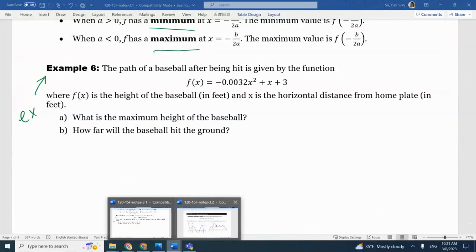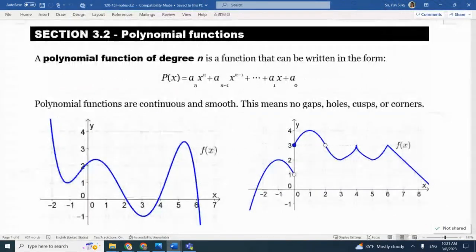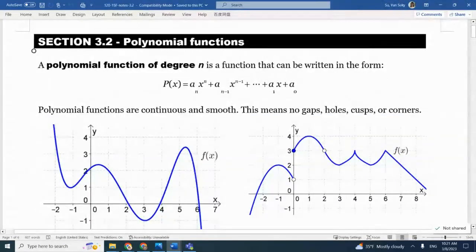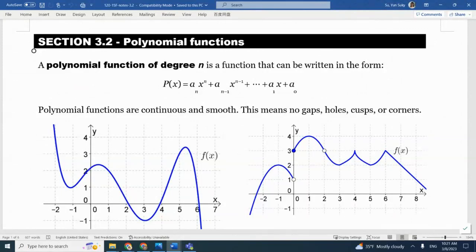So now let's look at 3.2. Everybody get a new handout? 3.2? Yes? Okay. Any questions before we start 3.2? Good. All right.